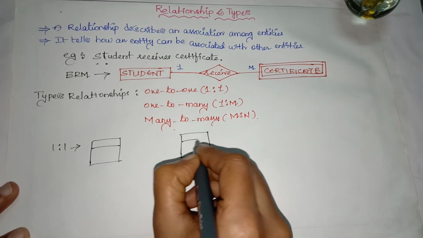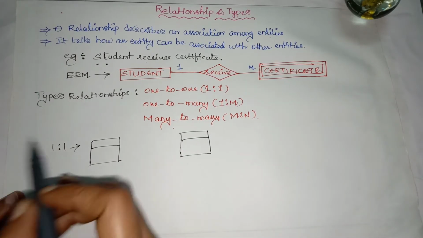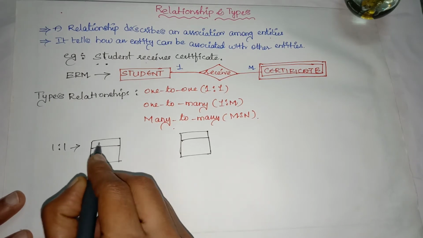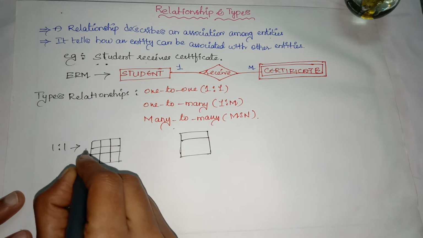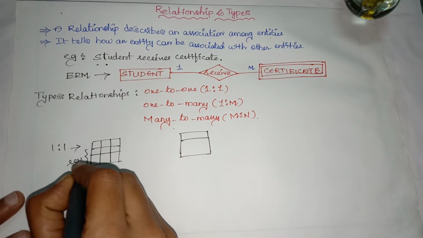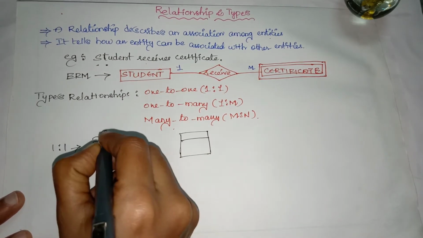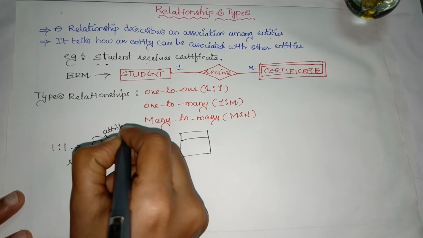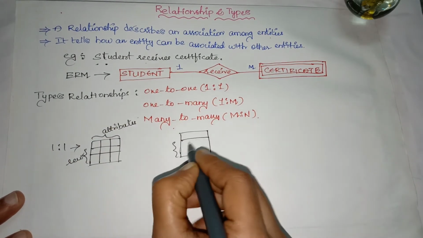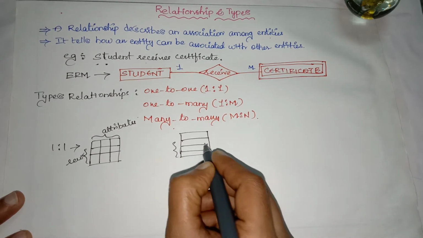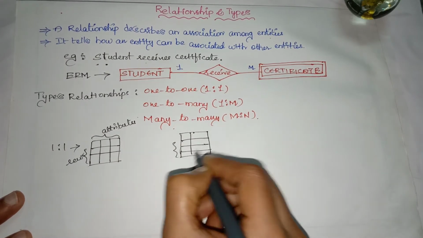Assume like this, every table has a number of rows and columns. Here rows are known as tuples or records, and columns are attributes. These are all records, and here also it has some records and columns.